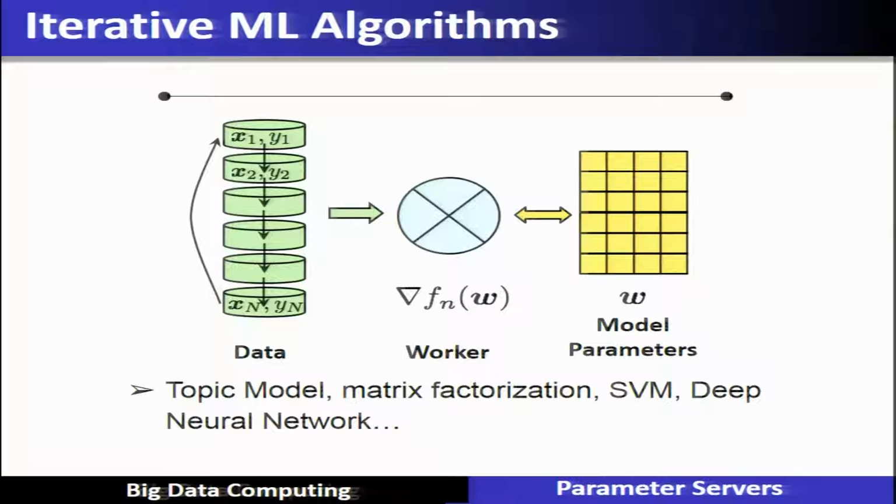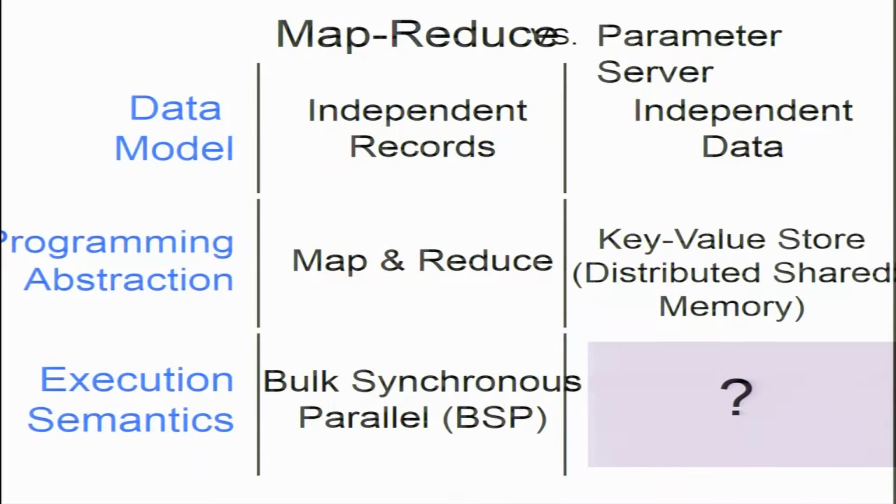Therefore, a parameter server has to maintain the model parameters, and all the workers will communicate with the parameter server, and these values are either read, that means they will either get or they will put these values on this particular parameter server.